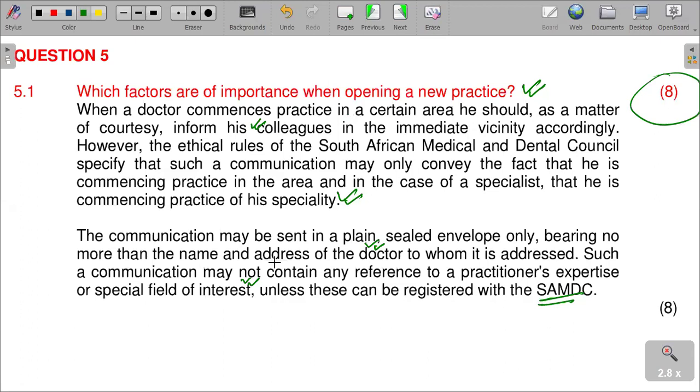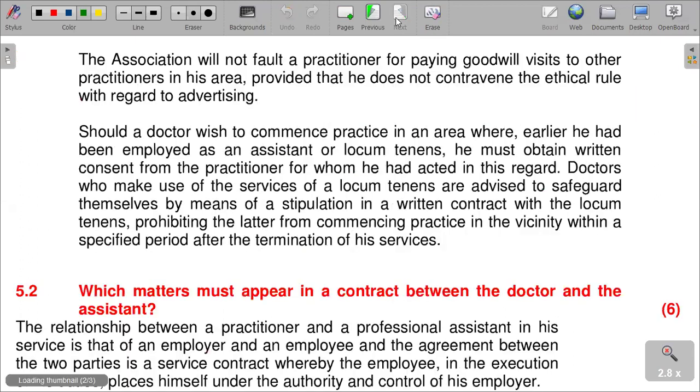Take note of that. And then the next point: the association will not fault a practitioner for paying goodwill visits to other practitioners in the area, provided that he does not contravene the ethical rule regarding advertising.